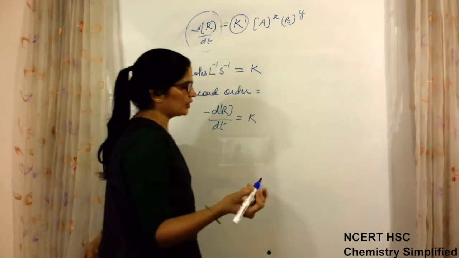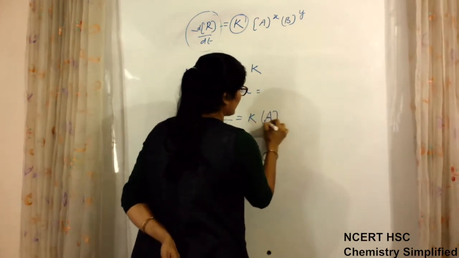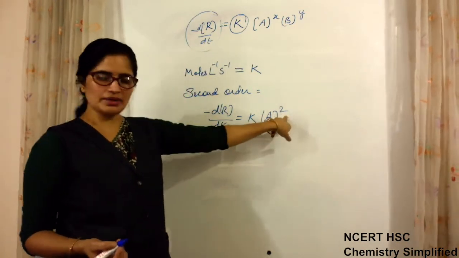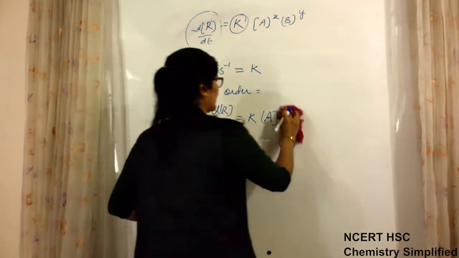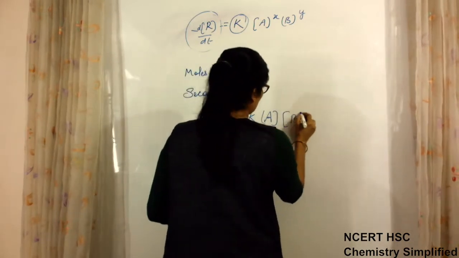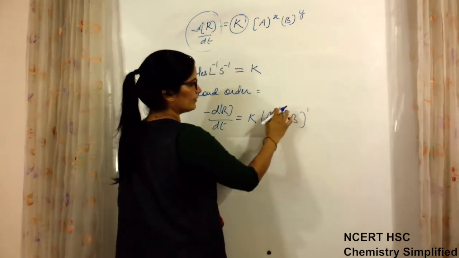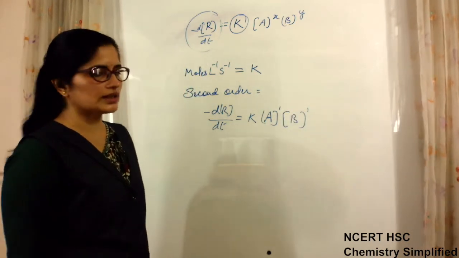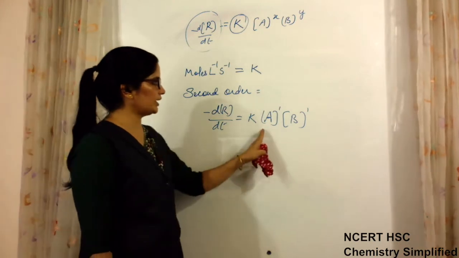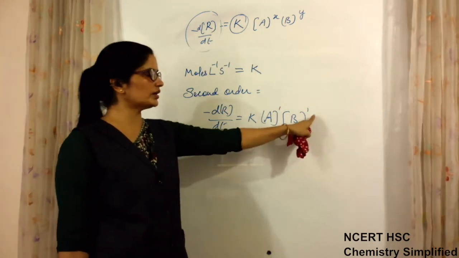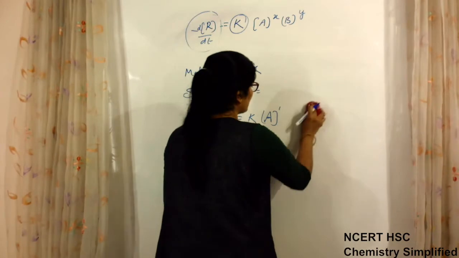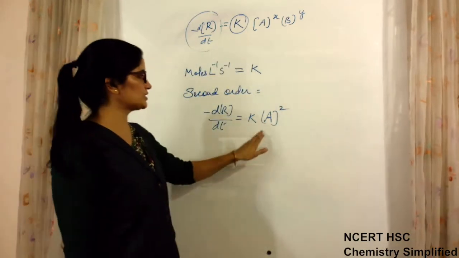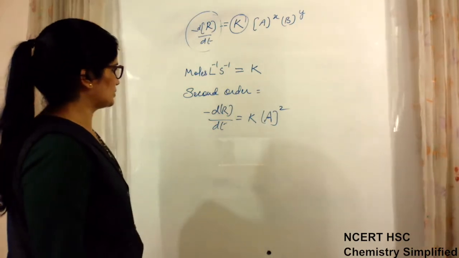Now if it is a second order reaction, it can be like this: A raised to power 2, where only one reactant is there, or it can be A and B both raised to power 1 and 1, and when we add up, the total order of reaction will be 2. So any of the conditions is possible, either A raised to power 1 and B raised to power 1, or simply A raised to power 2. In both conditions, the overall reaction will be a second order reaction.